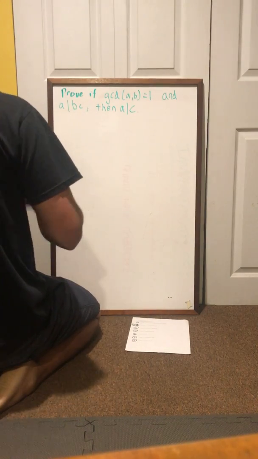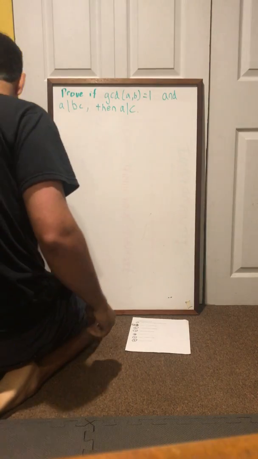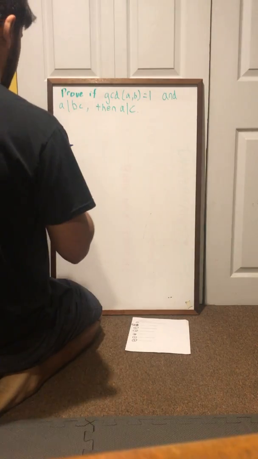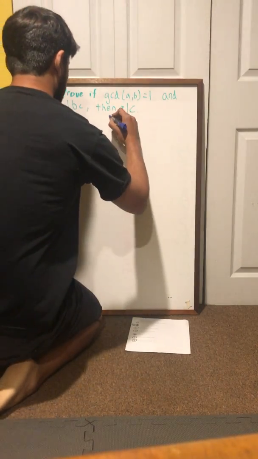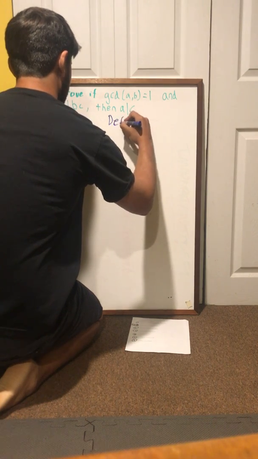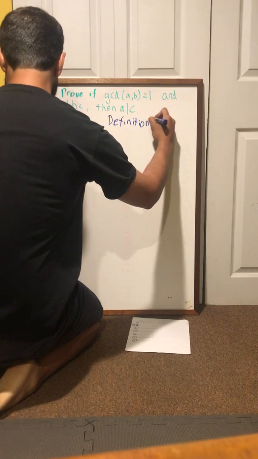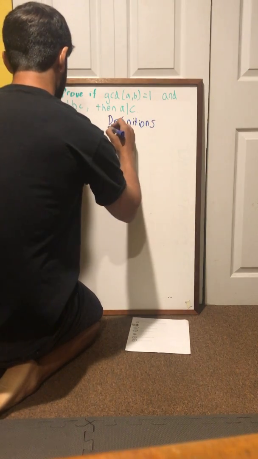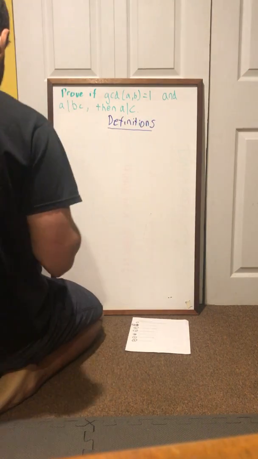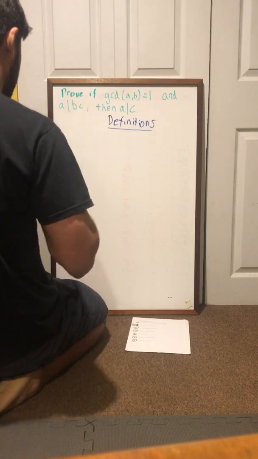So to start, we're going to write out a couple definitions that we're going to use. So the definitions are just going to be explanations of all the mathematical terms except those that are undefined.